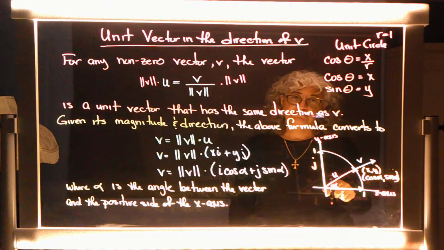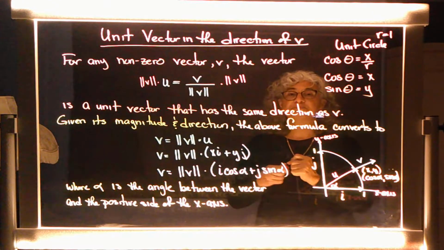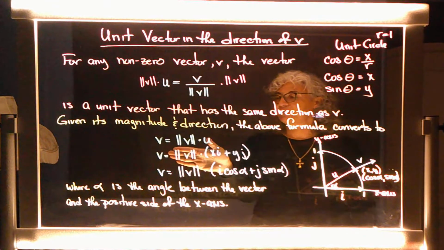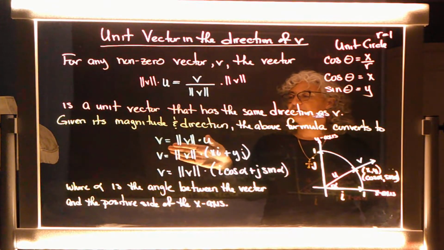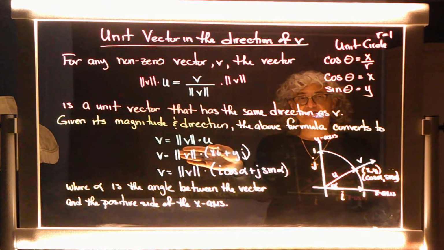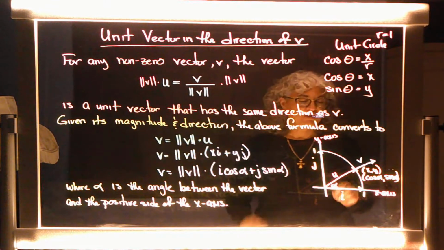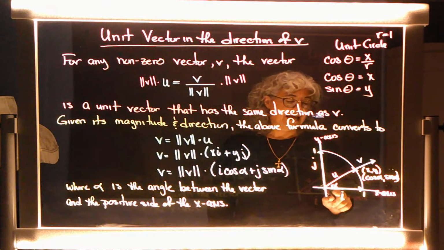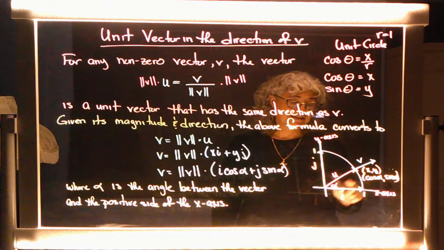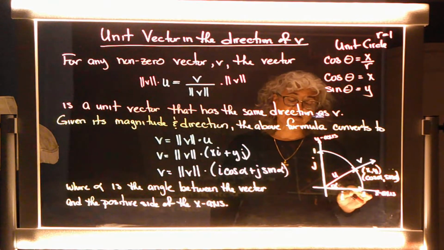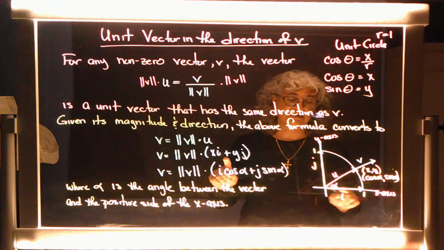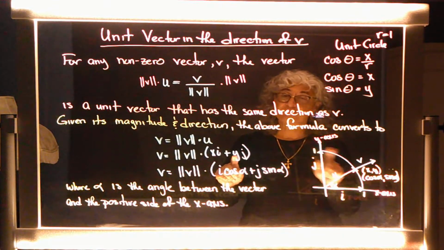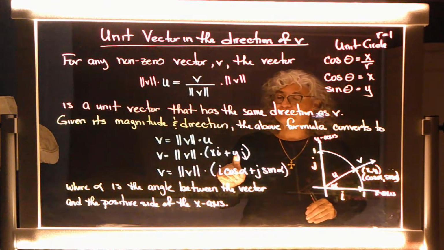With me? Okay, so back it up. If I multiply both sides by the magnitude of v, I get v equals the magnitude of v times the unit vector. Well, this unit vector can be rewritten as xi plus yj, and it's a 1 in front, right? Because it's a unit.